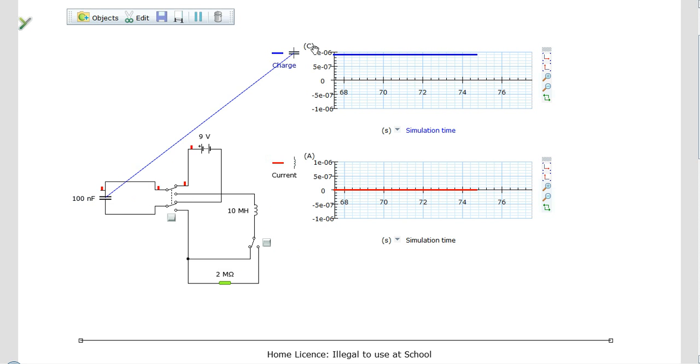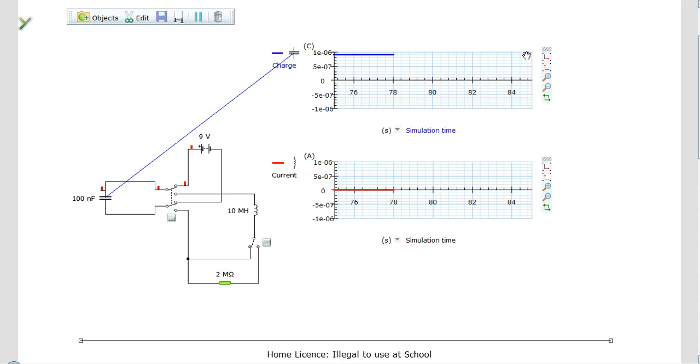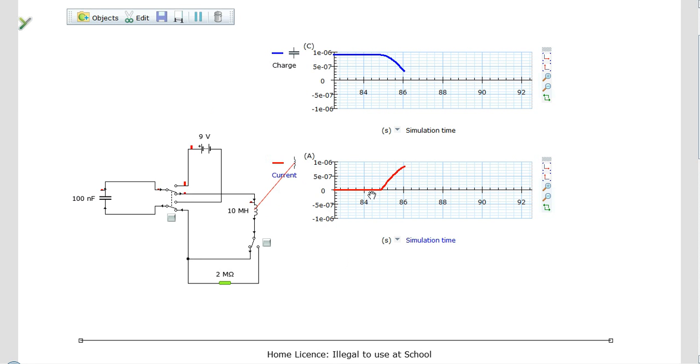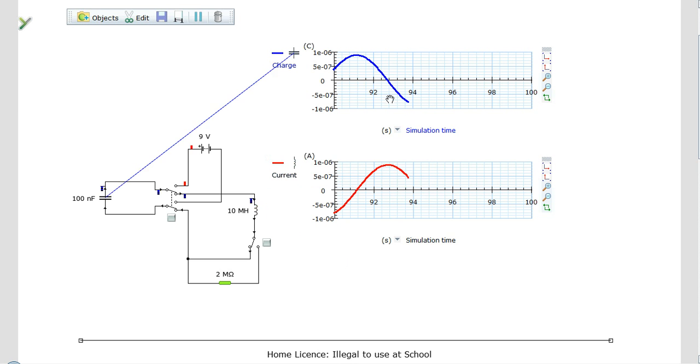This graph is showing that we have some charge on the battery, and this graph is showing that there's no current going across the inductor. If I switch it the other way, suddenly there's slowly current going up on the inductor as the capacitor discharges, but then the current starts going down in the opposite way as the capacitor recharges and discharges in the opposite direction.